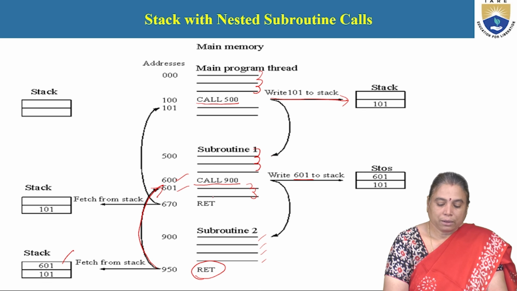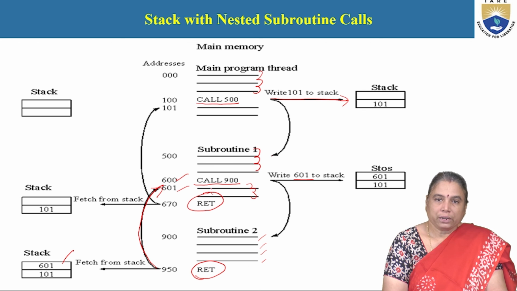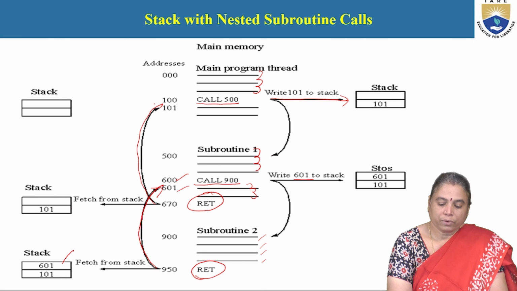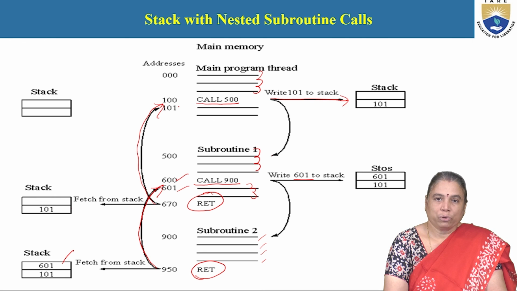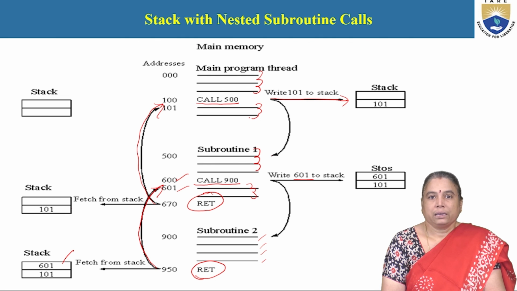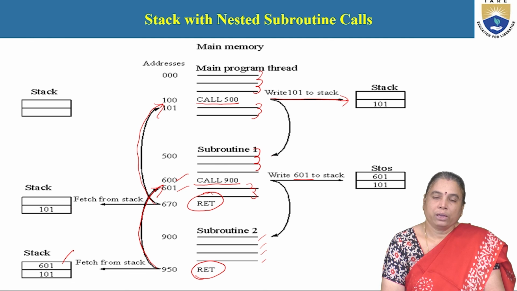Whenever it encounters a return statement, the return address is popped from the stack, that is 101. So it shifts to 101 and resumes the main program execution. In this way, in case of nested subroutine calls, the stack organization is the most efficient way to store the return addresses during the procedure calls.